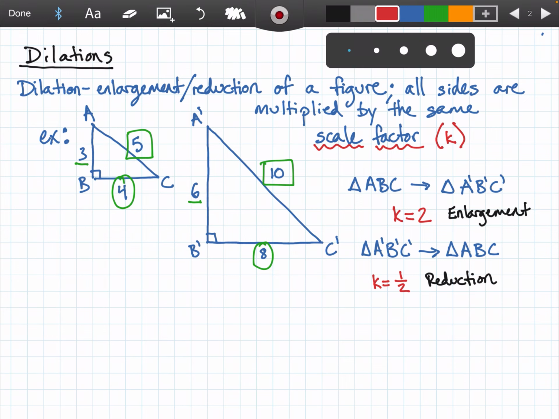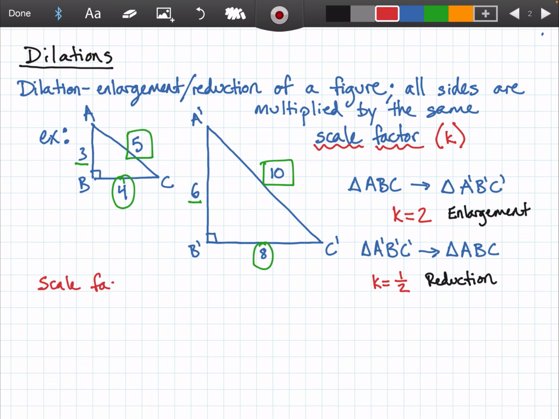But here's a big thing that I want you to know with scale factors. So I want you to just think for a second, is there a way you could tell if it's an enlargement or a reduction just based on the scale factor?